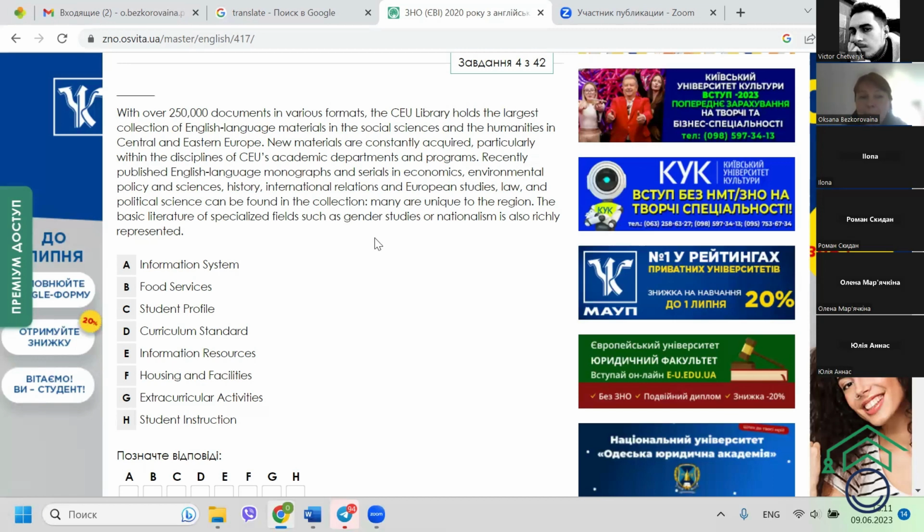Recently published English language monographs and series in economics, environmental policy and science, history, international studies, and political science can be found in the library.